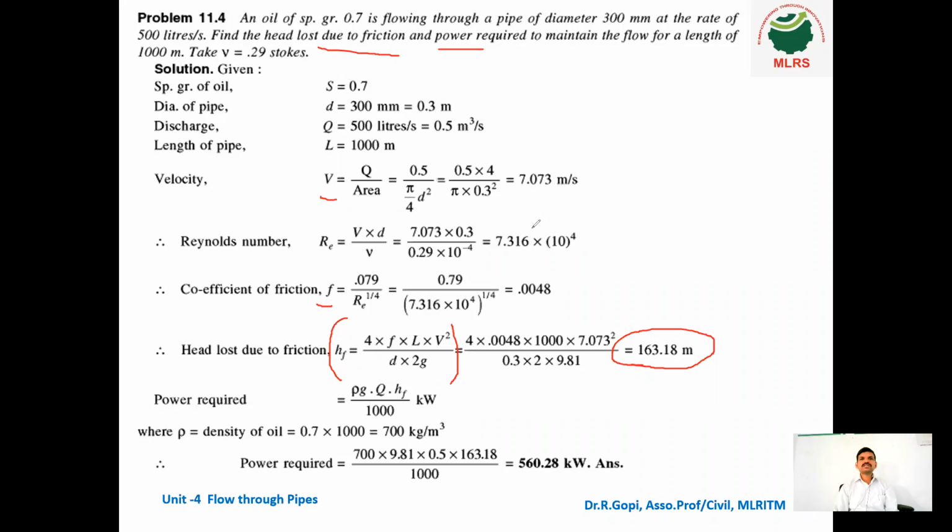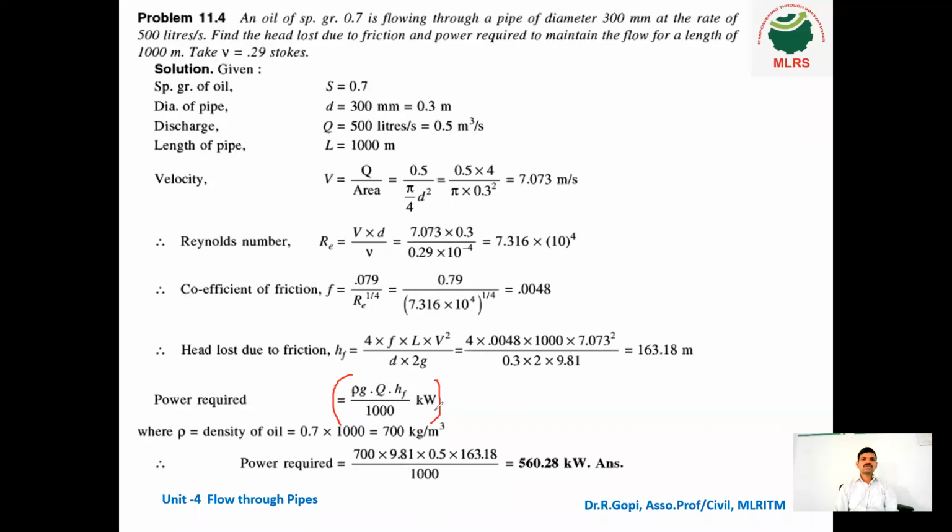solution we must calculate. What is that? Power required. For power required we have to use one formula, so you have to memorize this formula. It is nothing but rho G Q HF divided by 1000.